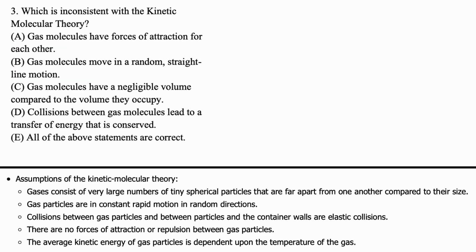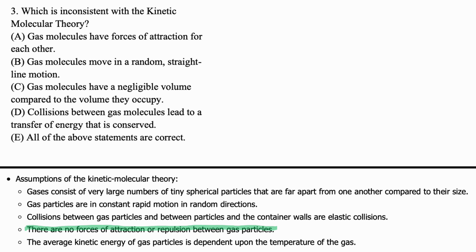All right, number 3 asks us which is inconsistent with the kinetic molecular theory. If you look at the bottom of the screen here, I just posted the 5 assumptions of kinetic molecular theory. You can see on the 4th one down here, it says there are no forces of attraction or repulsion between gas particles. If you look at A, it says gas molecules have forces of attraction for each other.